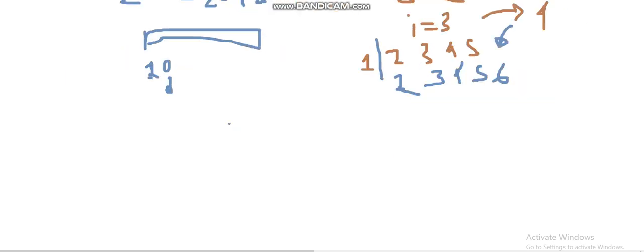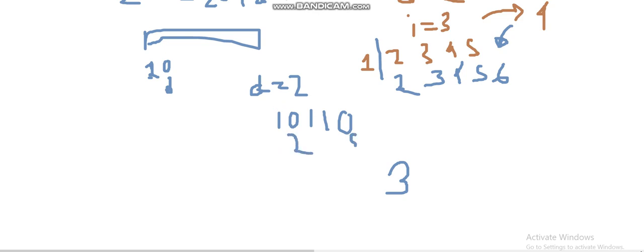If d equals 2 and our bit string is 1 0 1 1 0, then the values we can place are 2 or 5. If the bit string is 0 0 1 0 1, then we can place 1, 2 and 4.